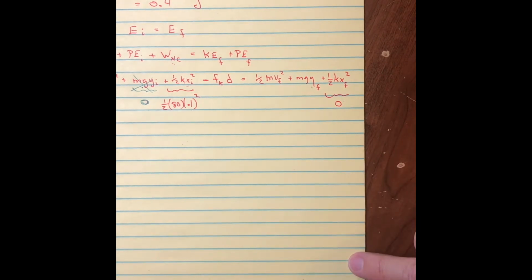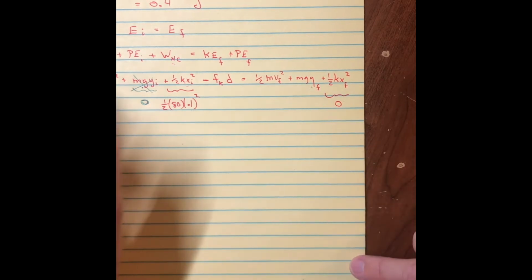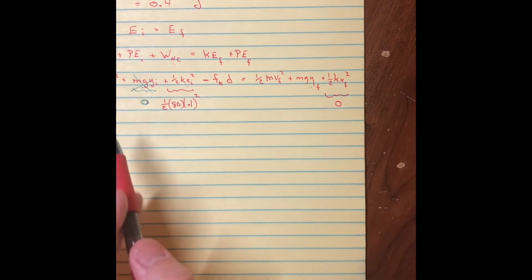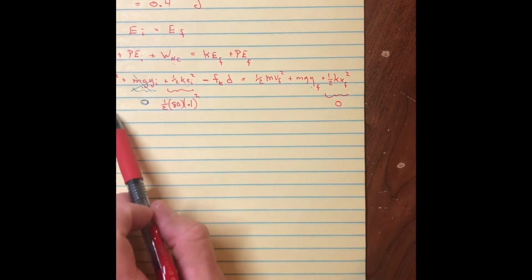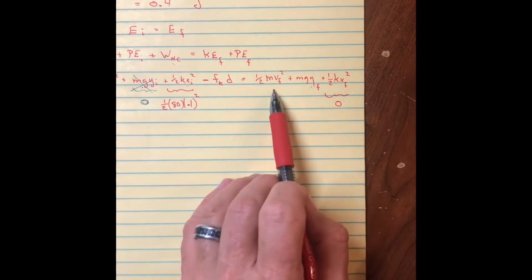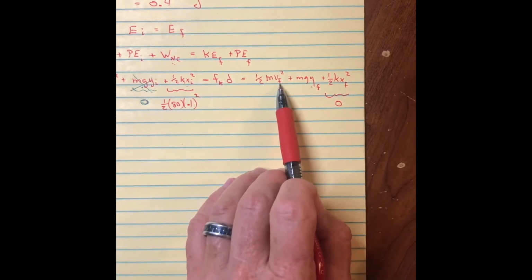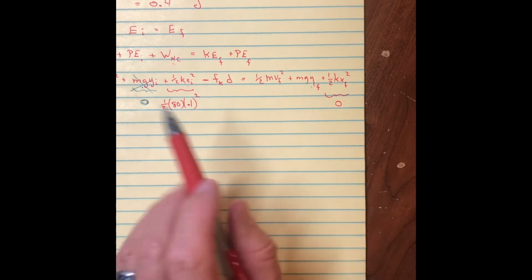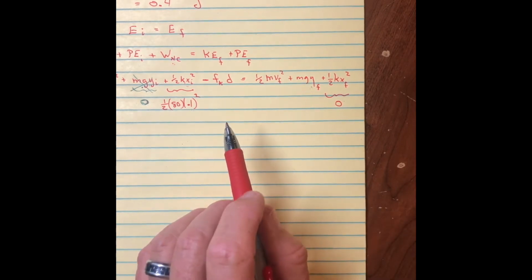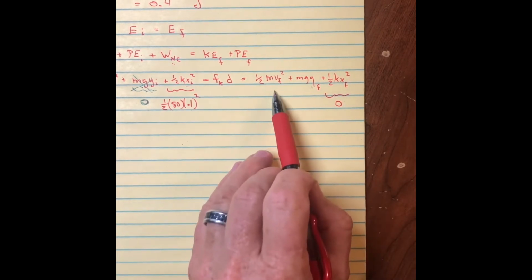All right, so now let's see what else I have. They also said it started from rest. So the initial kinetic energy is 0. And, of course, we're looking for this v. What is its speed when it gets back there? Okay, so that one's not 0.